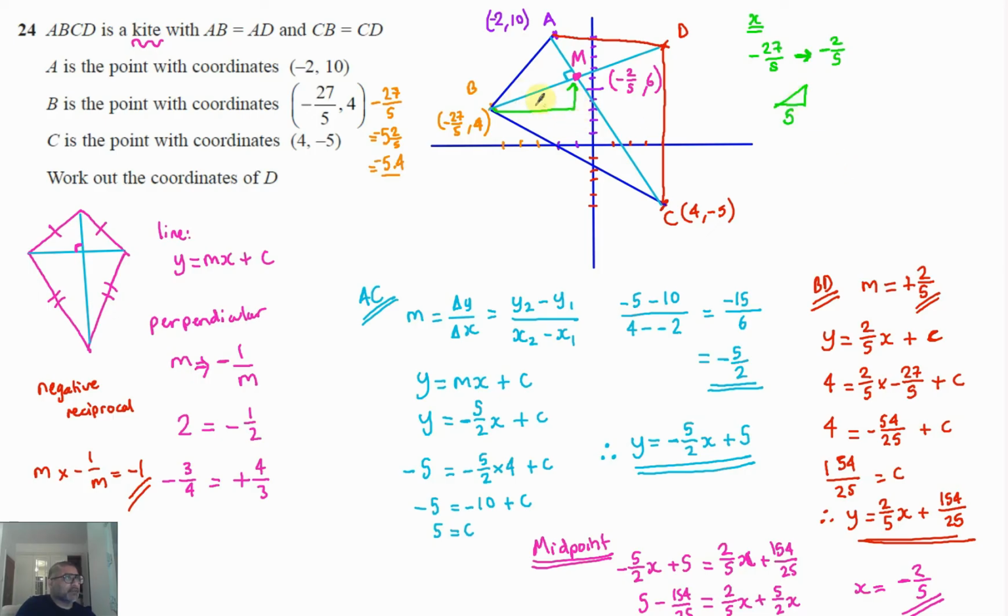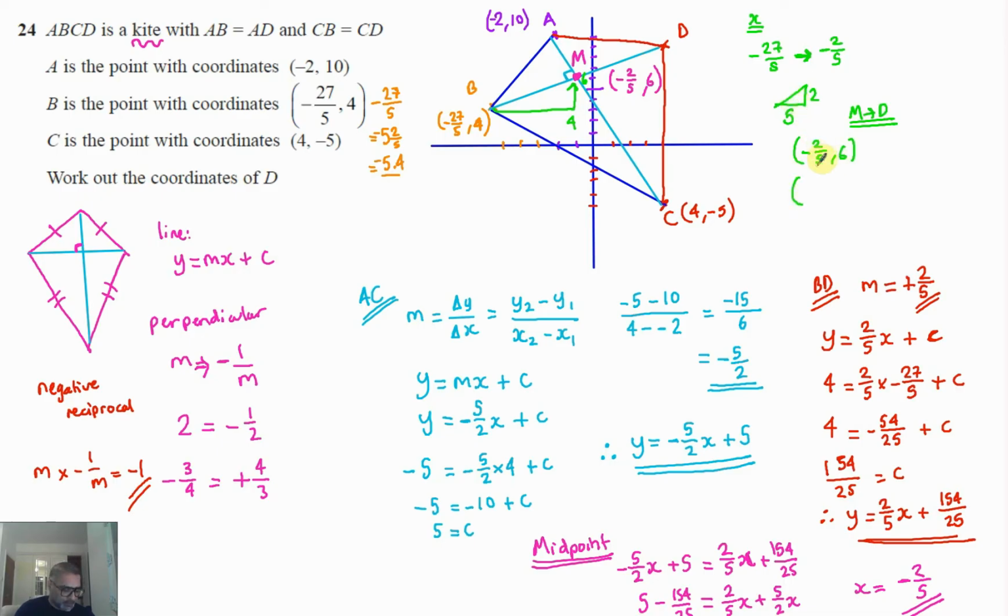And similarly, my point B starts at 4 and ends at 6. So if it goes from 4 to 6, it goes up by 2. Now you can either work out double that to work out D, or you can work out M to D is going to be the same as that. So to go from M to D, I'm going to start at minus 2/5, 6, that's the midpoint, and I want to add 5 to x.